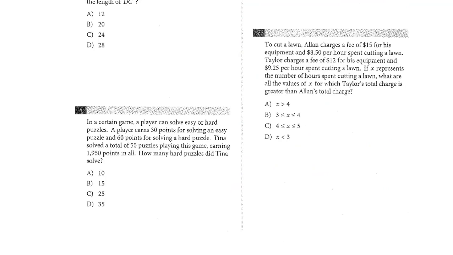For number 7, whenever you see something like per hour or per minute or an hour or every hour, it means you multiply by that x. So for Alan, that is 8.50x plus 15.